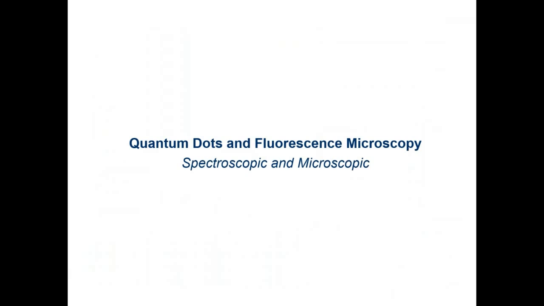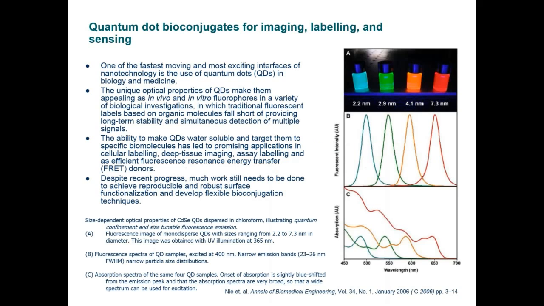Now let me go to the use of quantum dots and fluorescence microscopy. Other than the use of dyes for fluorescence microscopy, two-photon spectroscopic methods, fluorescence methods, excitation methods in fluorescent microscopy, quantum dots play a very important role in that they are basically fluorescent materials that are very stable against photobleaching.